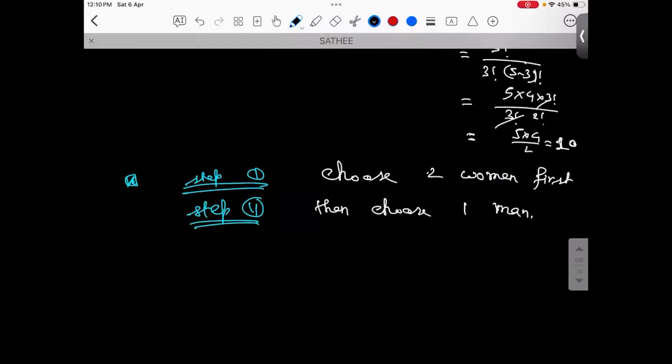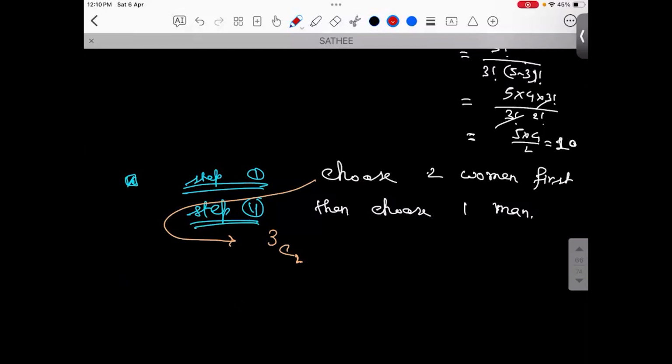Okay. Now choose two women first. So you have three women. Among them, how many possible ways are there to choose two women among three? So this will give us the number 3C2. So this many ways I can choose two women among three women. Correct?